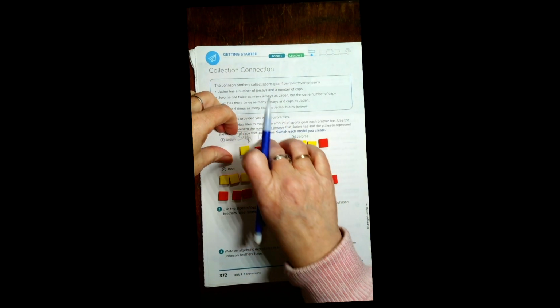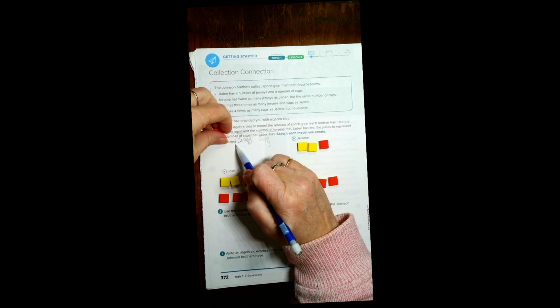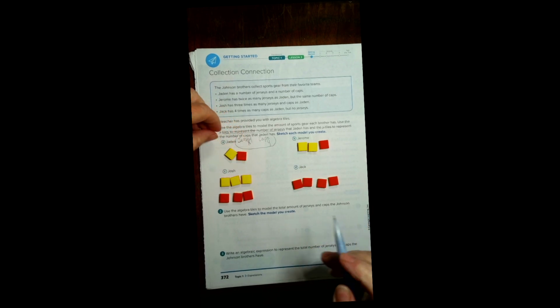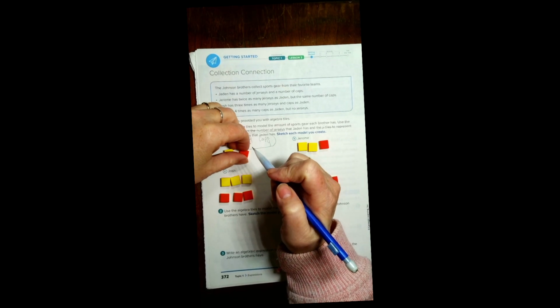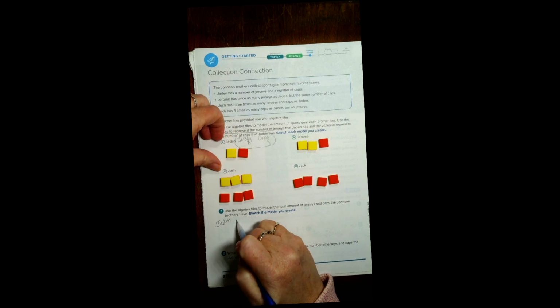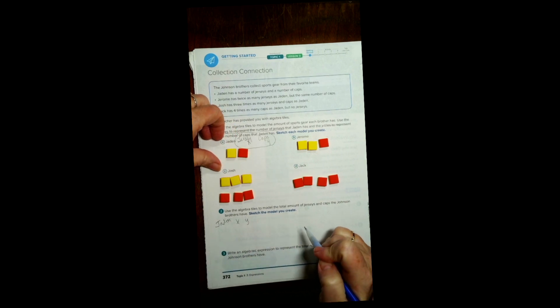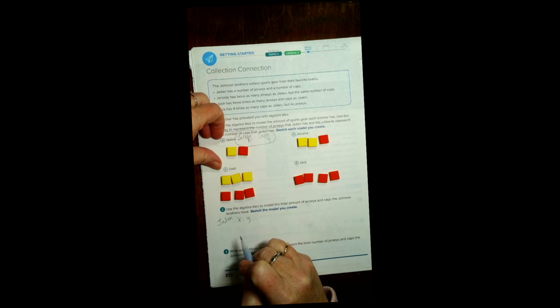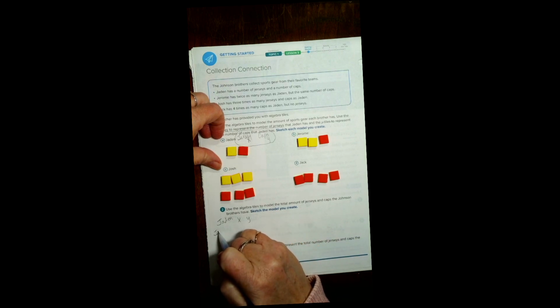So let's just go back here for a second. This is kind of our key. So we know Jaden has an X and a Y. I'm going to take his and draw it down here. So Jaden has 1 X, 1 Y. Let's do Jerome next.